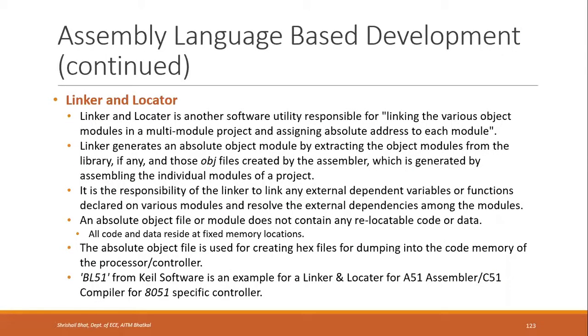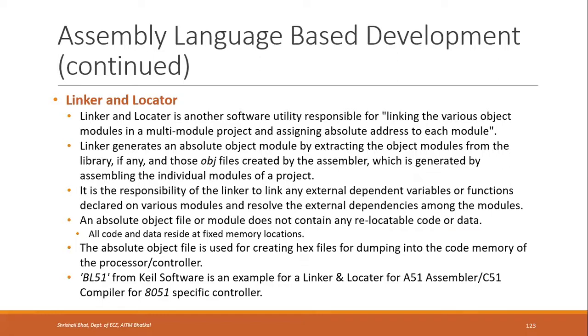It will link any external dependent variables or functions declared in various modules and resolve the external dependencies among the modules. So if you have used some external variables, it will also link them. An absolute object file or module does not contain any relocatable code. Once the absolute object file is created, it will not have any relocatable code or data.